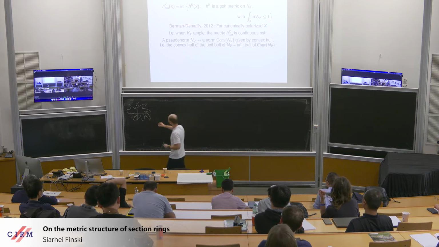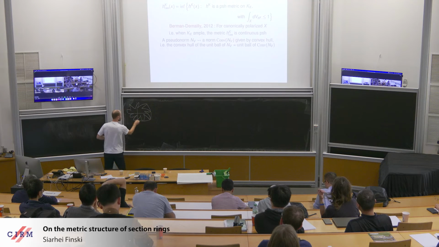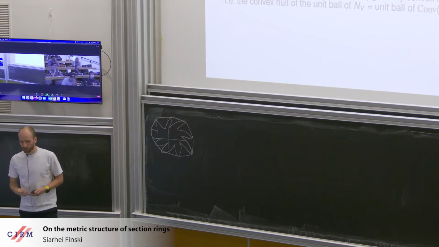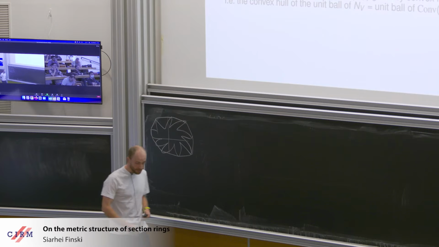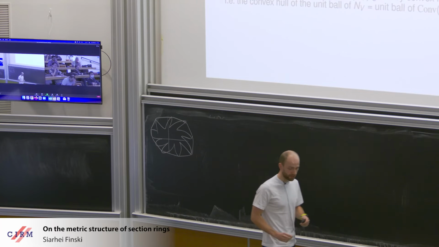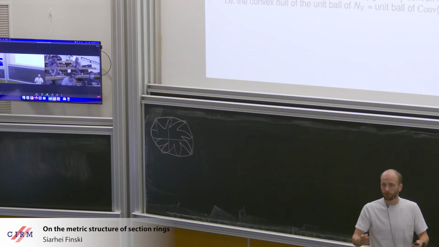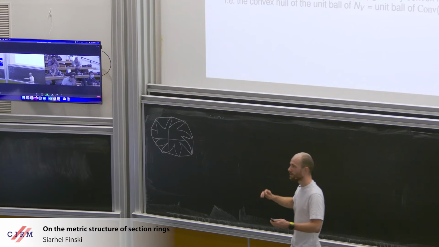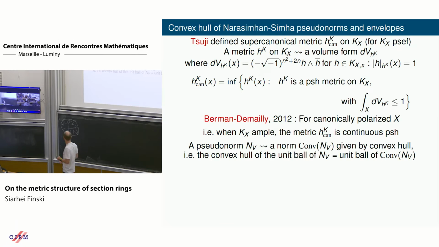One can then consider the convex hull of this ball. This convex hull will correspond to a unique norm on our vector space, which I denote by conv of the pseudonorm. So for any pseudonorm, there is a canonical way of associating a norm.